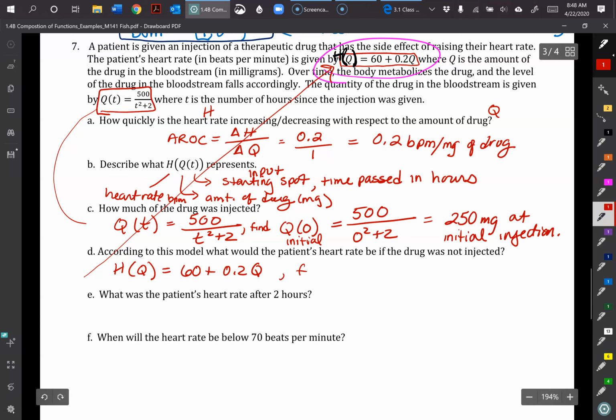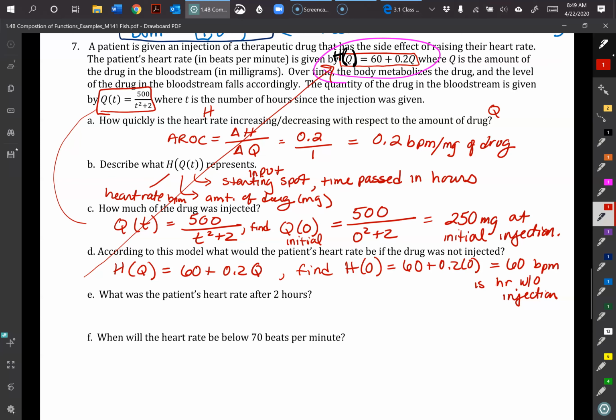And then we want to find H of 0 when quantity is none. So what is their heart rate when they haven't had anything? And that would be 60 plus 0.2 times 0, which would give us 60 beats per minute is their normal heart rate without injection. It's pretty low. Maybe they're just lying still, right?